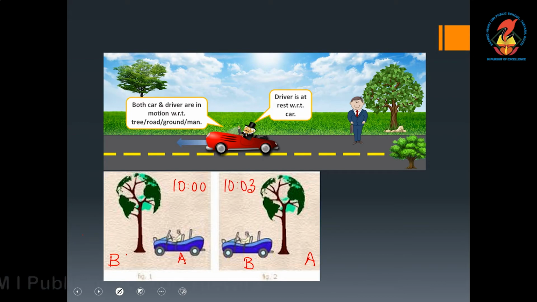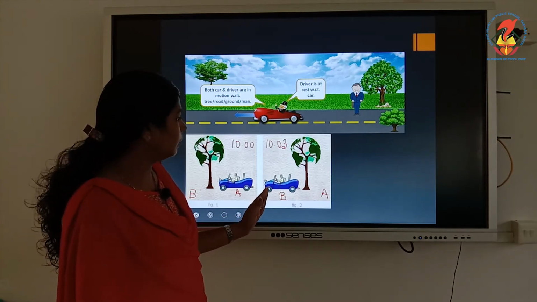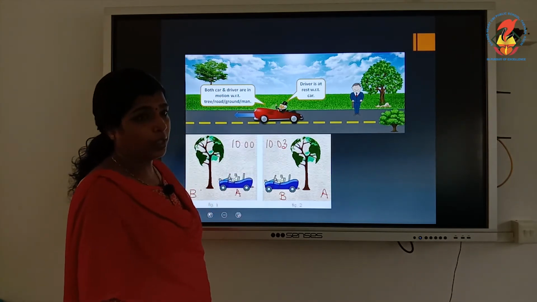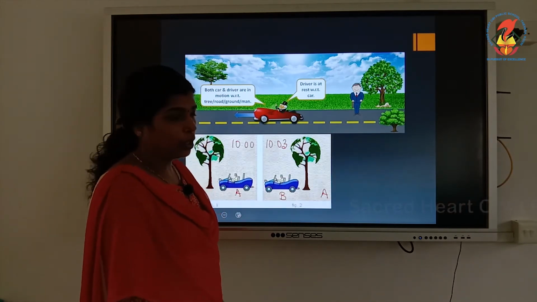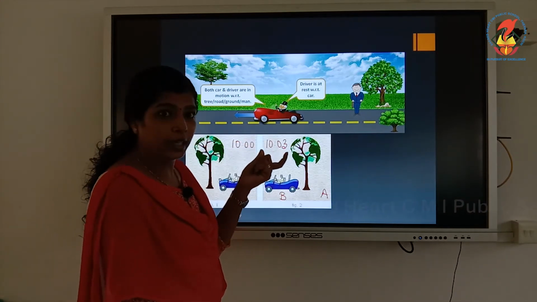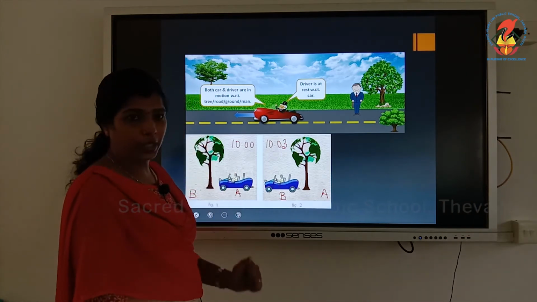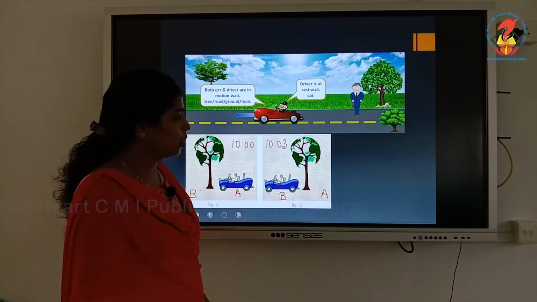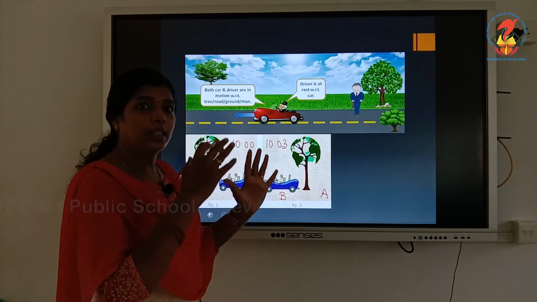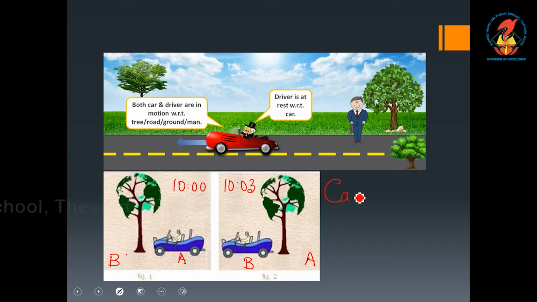At 10 o'clock, the car is at the point A. Now I observe the same thing at 10:03, which means 3 minutes after 10 o'clock, and the car is at the point B. So during those 3 minutes, the car changes its position from A to B. So we will say that the car is in motion.